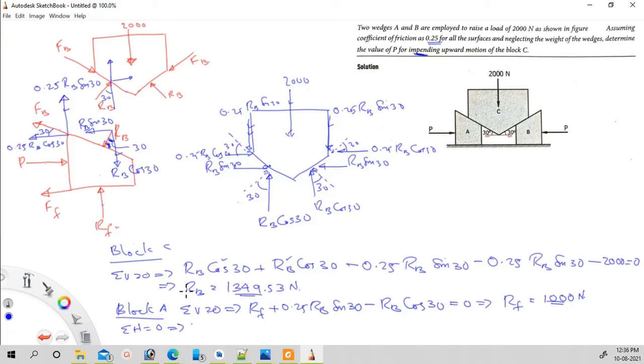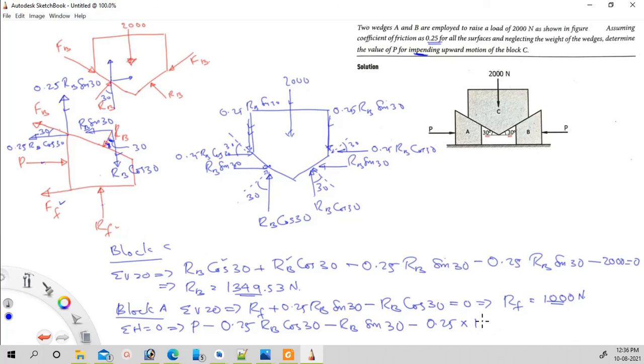Using that, you can find out P. Which are the forces acting in the horizontal direction? P. It is taken as positive because it is towards right. P minus 0.25 RB cos 30 minus RB sin 30 minus FF, is it not? Friction at the floor and the wedge A. FF is equal to 0.25 into RF.